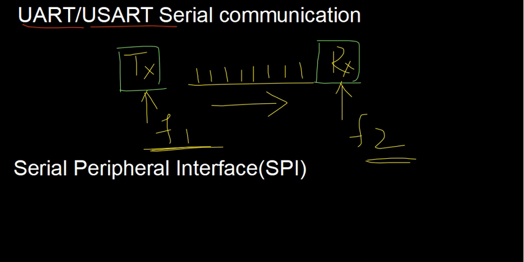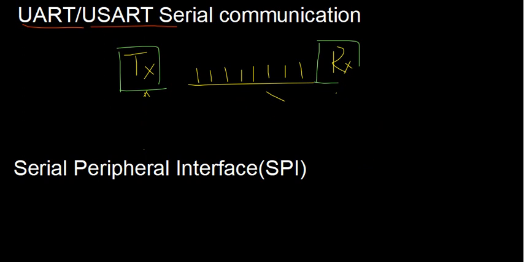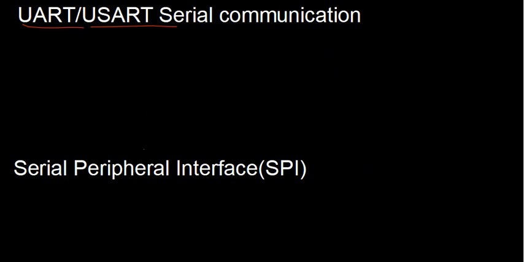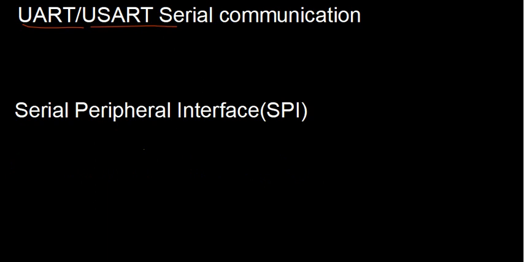As long as our UART or USART is concerned, right? So then we have one more, you can see here, that is called as serial peripheral interface, SPI. So what exactly is the meaning of serial peripheral interface?